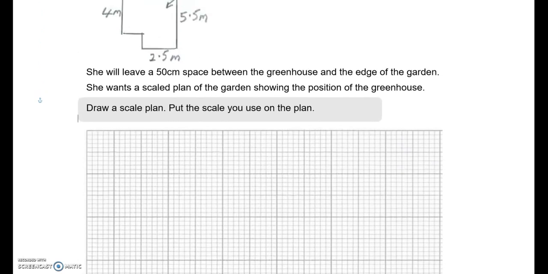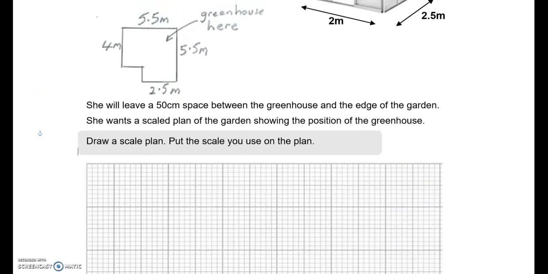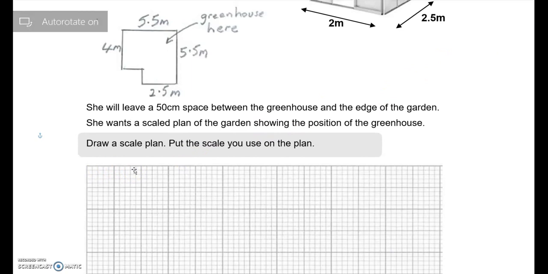So looking at the dimensions of the garden, 5.5, we could have 2 squares representing 1 meter. So 2 squares will be equal to 2 centimeters, representing 1 meter. This scale would mean that the plan of the garden will be big enough to be seen, but at the same time would fit into this plan.